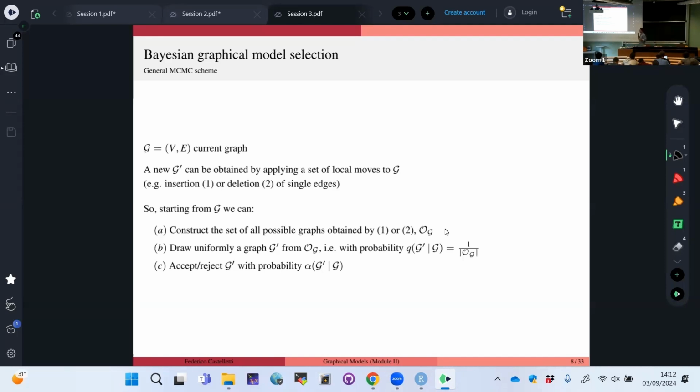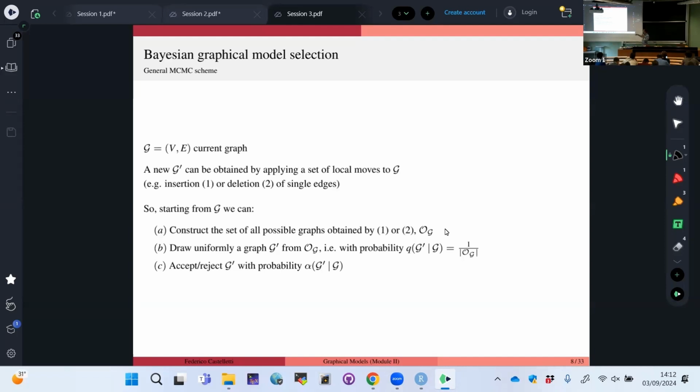Now what I can do is to draw uniformly a graph G prime from this set of graphs O, which means that the probability of transition from G to G prime, so Q of G prime given G, is equal to 1 over the number of adjacent graphs. They all have the same probability. I draw uniformly, so 1 over their number gives me the probability of transition from G to G prime.